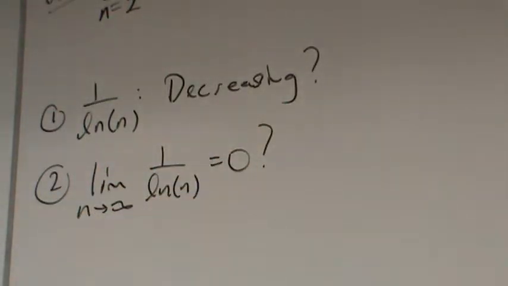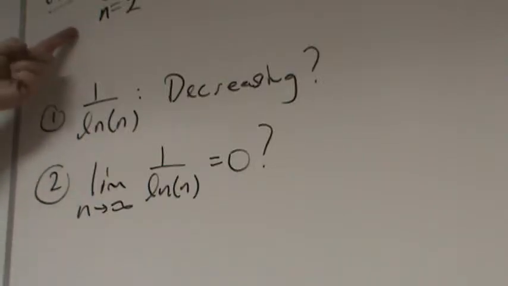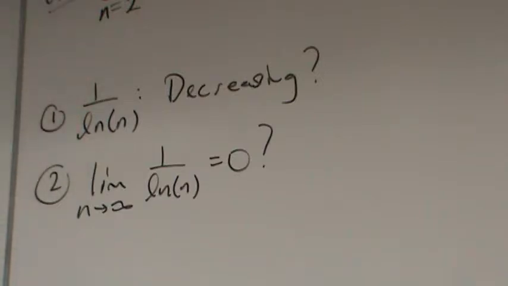Please think about that for a second, then we'll make our determination. Okay, tell me, does the alternating series converge? Yes. Good for you. Both criteria are satisfied. The terms are getting smaller and smaller, and the infinitieth term is 0.